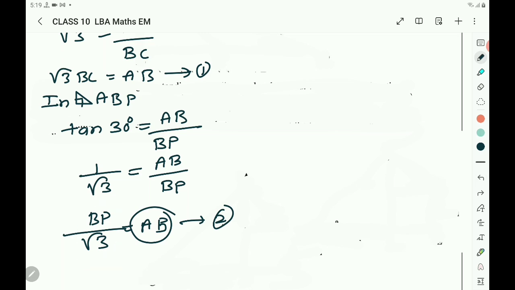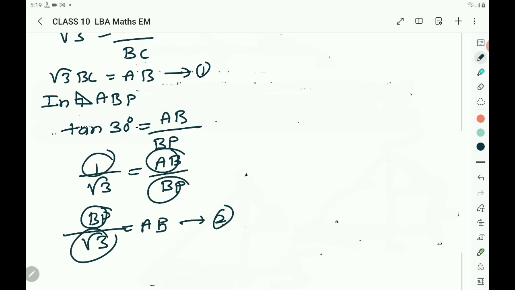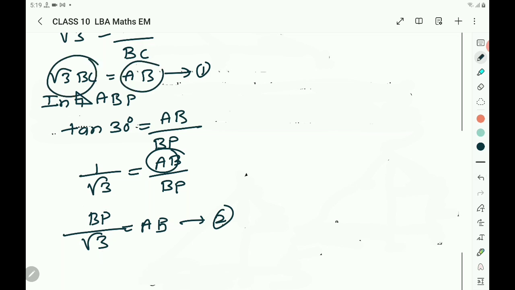You can compare: the RHS are AB, AB. Here you got AB is equal to BP by root 3. In the first, AB is equal to root 3 BC. The RHS are the same, AB, AB. Therefore, the LHS must be equal.